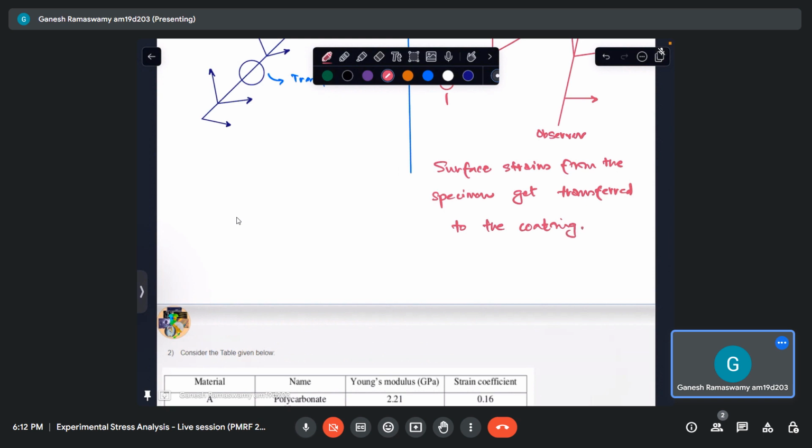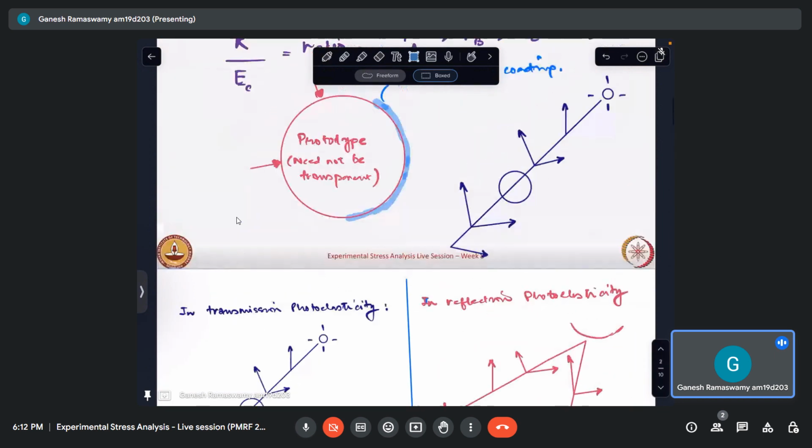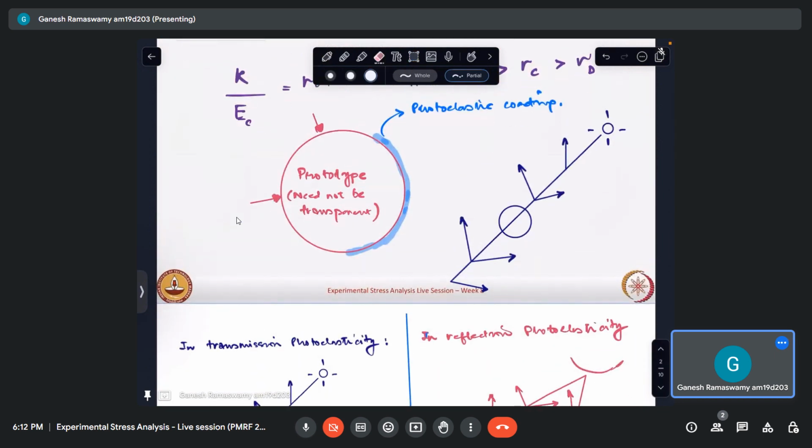And we assume that the strain compatibility between the bottom surface of the coating and the surface of the specimen holds; it is compatible. So that is the basic tenet with which we have developed the photoelastic coating techniques, and it holds when we paste it properly. It will hold and faithfully transfer it.